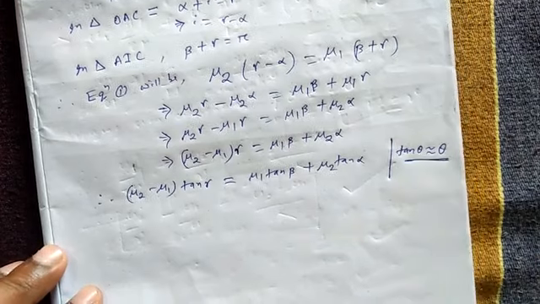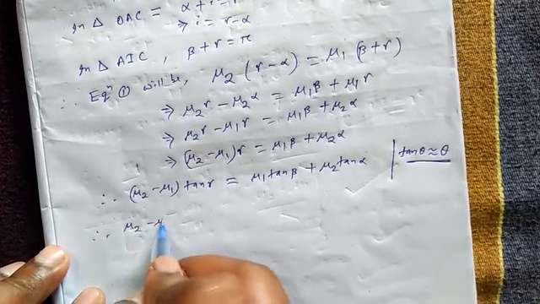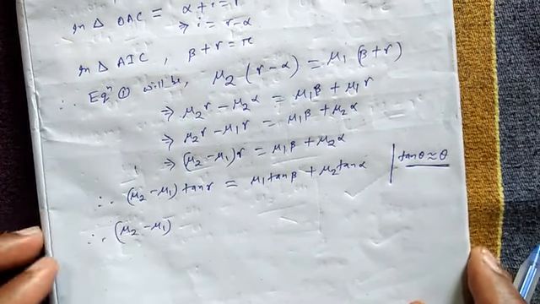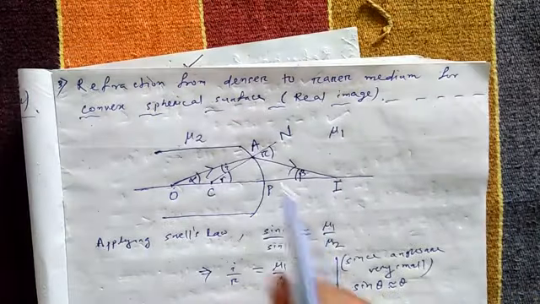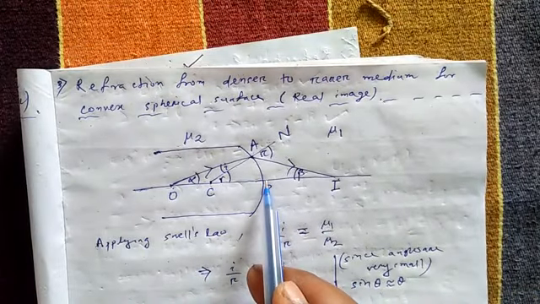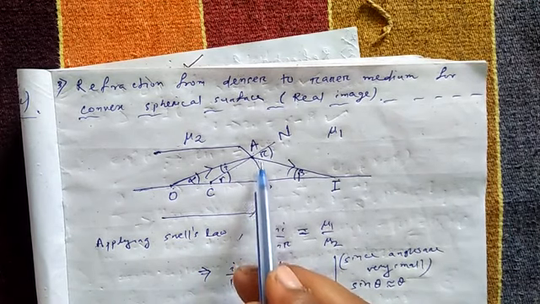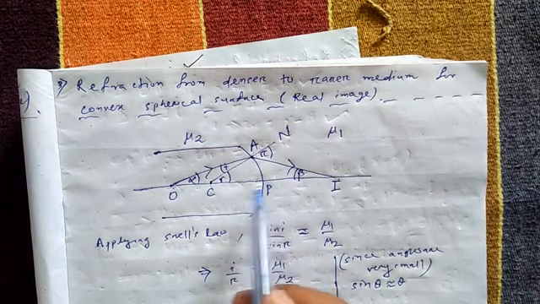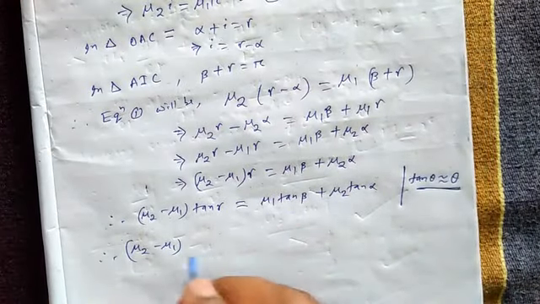Now mu2 minus mu1, what is tan gamma? Tan gamma is equal to AP by PC. We assume AP to be a normal. That is why tan gamma is equal to perpendicular by base, AP by PC.